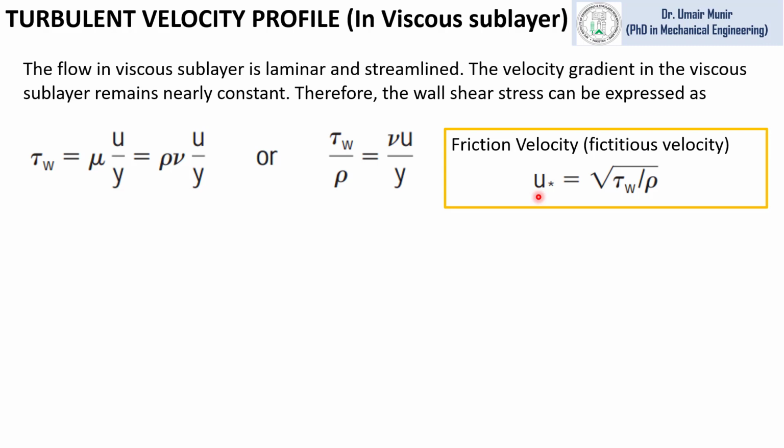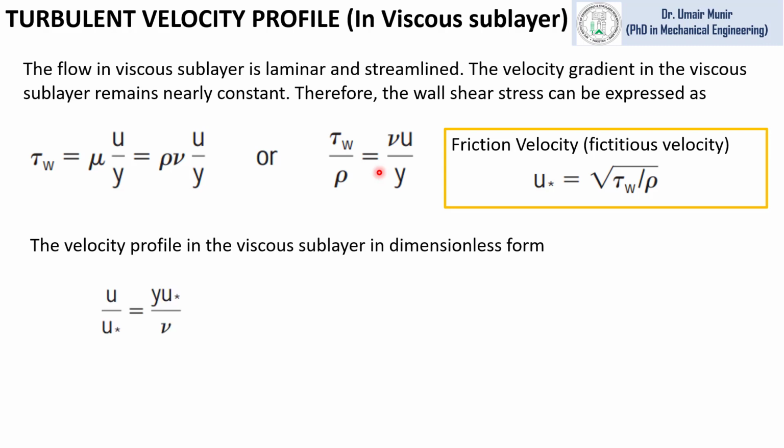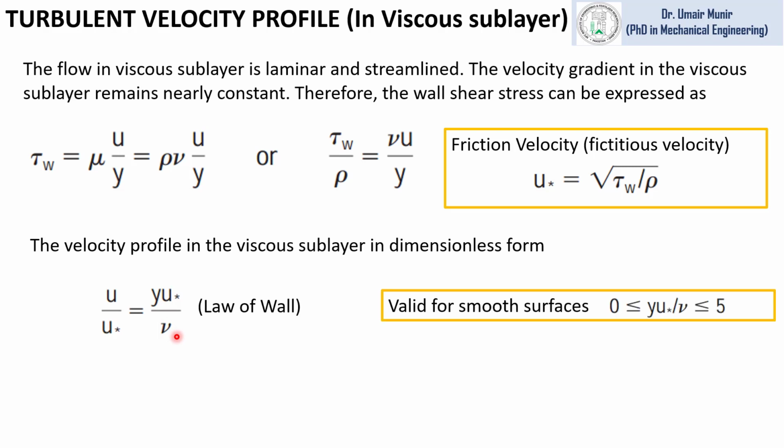So by substituting u star into this equation and after some rearrangement, we will get the dimensionless form of the velocity profile in the viscous sublayer, which is u over u star equals y u star over mu. This expression is called the law of the wall, and it is valid for smooth surfaces.